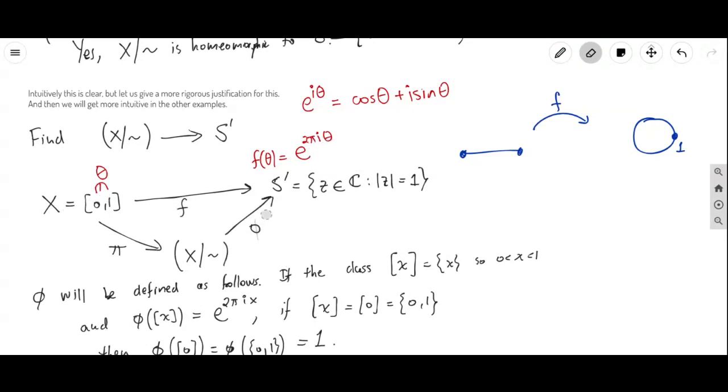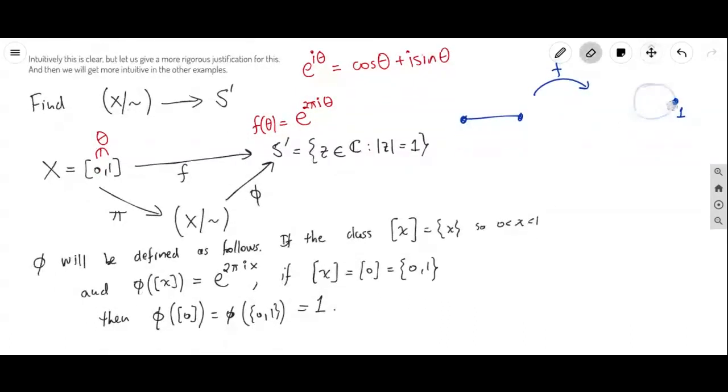And this mapping phi is defined in almost the exact same way. If you pick a class here, and the class is a singleton class, so it's an interior point, then you just map it the usual way. And if the class consists of both points, then you just map it to 1. And this diagram commutes. So if you go pi and then you go phi, that's the same thing as going by f, because this mapping phi is essentially defined by the exact same rule as f.